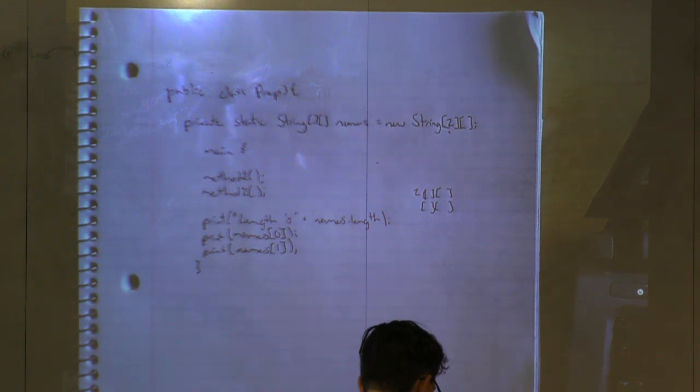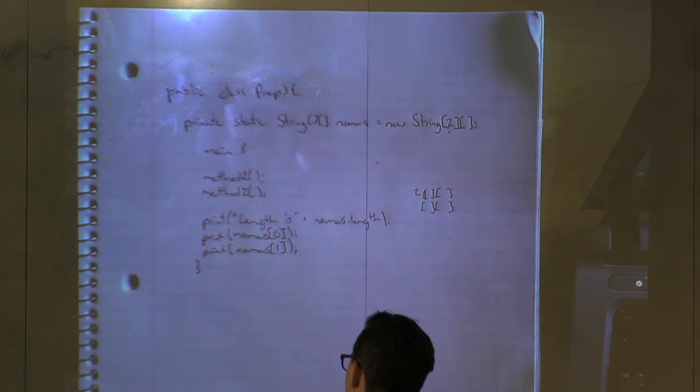Okay, so first it creates a list of strings containing Mo, Larry, Curly, and Shemp, and then it calls collections.sort on that list of strings. So, like I said earlier, it should sort them in alphabetical order when you call sort.